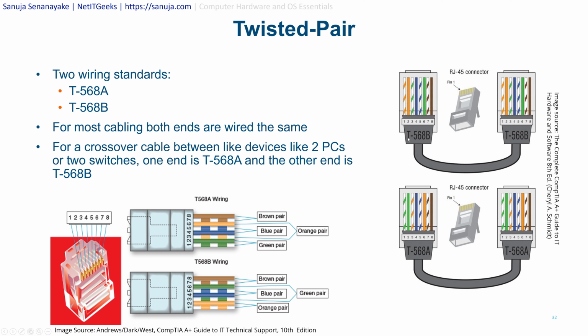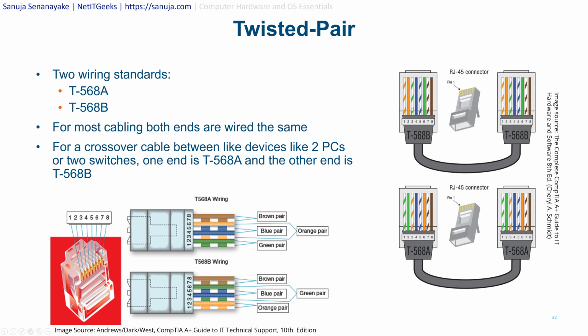If you look at the T568B, you have orange, striped orange, solid orange, striped green, solid blue, striped blue, and so on, the same on both ends. And the T568A wiring version will have striped green, solid green, striped orange, solid blue, so on and so forth. So the color order has changed.